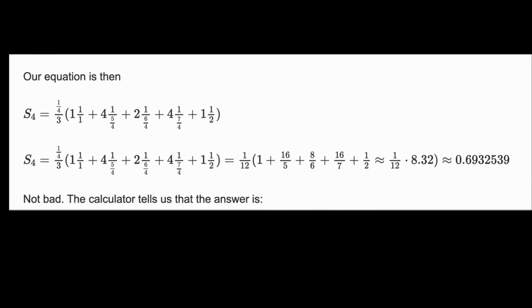Our equation then will become, for a Simpson's rule estimate, 1/4 divided by 3, which is our delta x divided by 3, times 1 times 1 over 1, that's our function value at the x value of 1, plus 4 times 1 over 5/4, that's the function value at our second x value, etc. If we do the calculation, we end up with a Simpson's rule estimate using an n of 4 of 0.6932539.